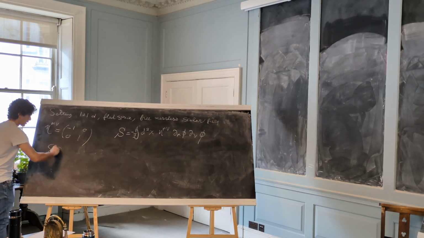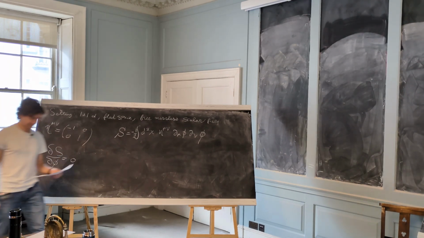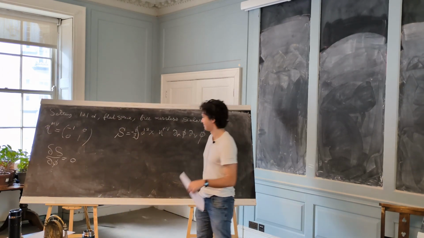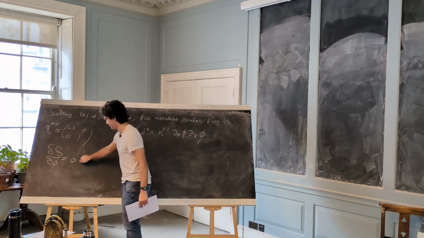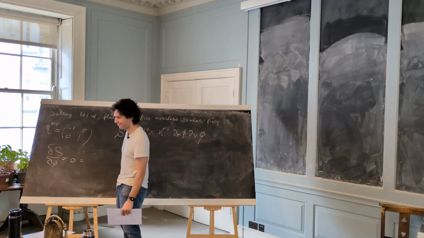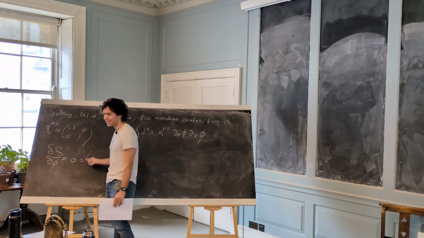Okay, so let's derive the equations of motion. What are my equations of motion? I want more explicit than square.